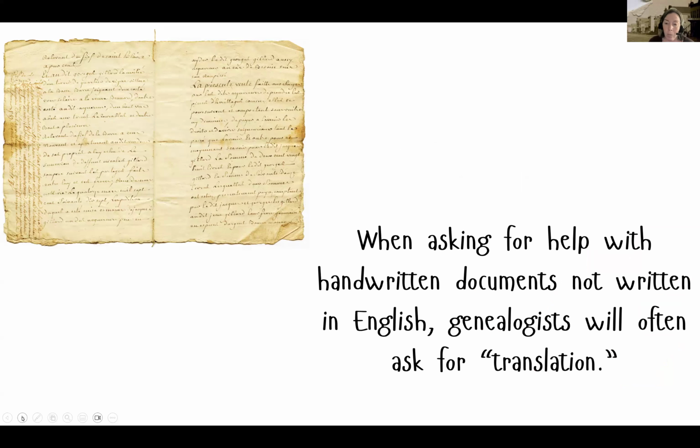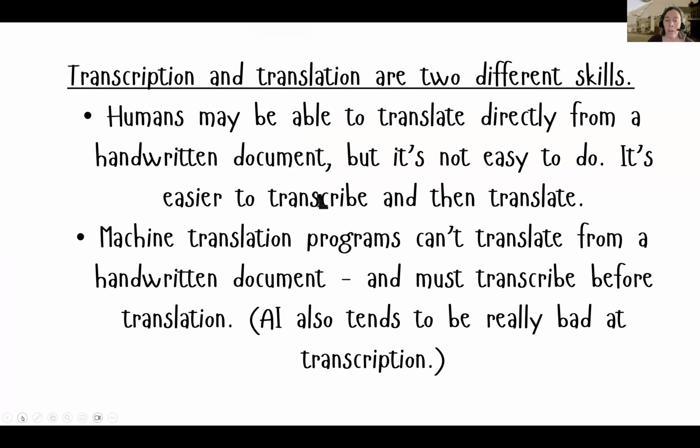Here's the problem that we run into most often. When asking for help with handwritten documents not in English, genealogists often will just ask for translation. I need you to translate this document for me. It's a totally valid request, but there's an aspect of that question most people don't consider. Transcription and translation are 2 different skill sets.